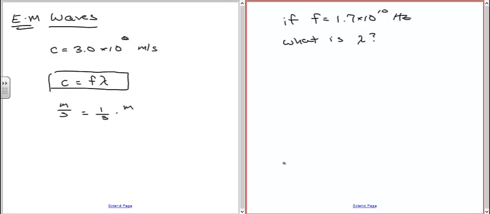Okay, so if I solve that equation for lambda, it's going to be c divided by f. So c is 3 times 10 to the 8th meters per second. Frequency is 1.7 times 10 to the 10th. So the wavelength, let me get my calculator.